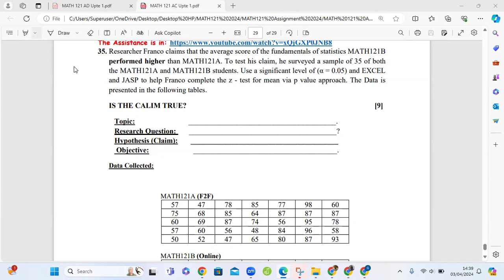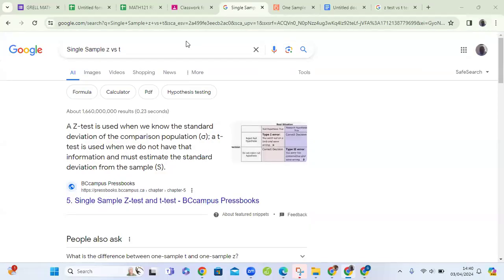Now let's do a quick search as to when to use the Z-test and the T-test. They both deal with testing a claim made about the mean of a variable.